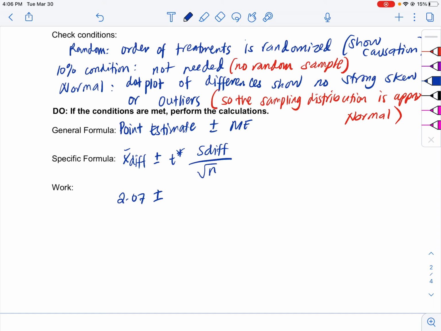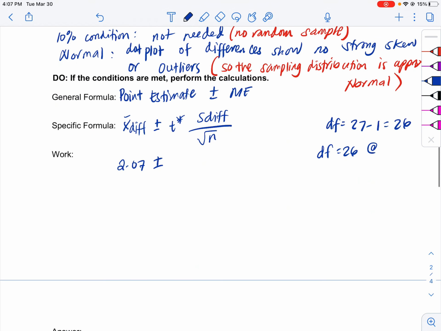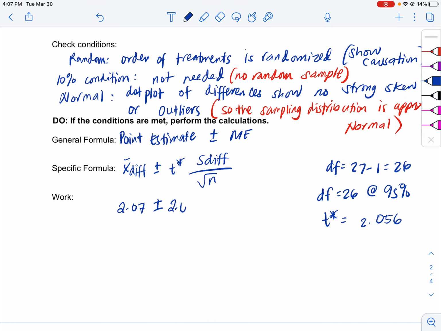Plus and minus my df in here, 27 minus 1 is equal to 26. So my df is 26 at 95% confidence, so my t star is 2.056. Please verify. Don't just believe me on it. You need to make sure that you're actually looking on your own. My standard deviation is 2.51 over the square root of n, which is 27.